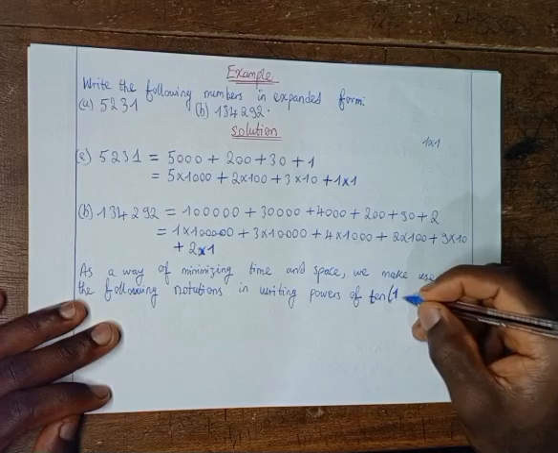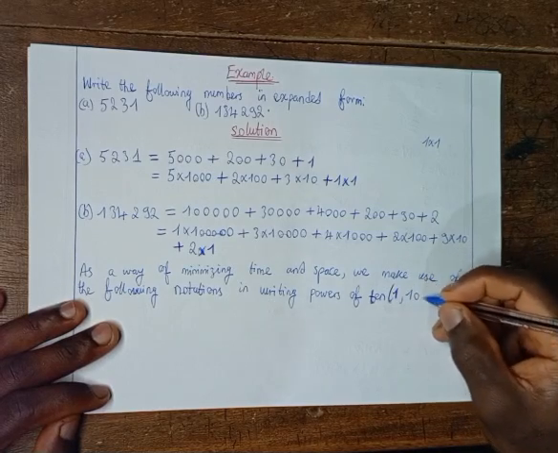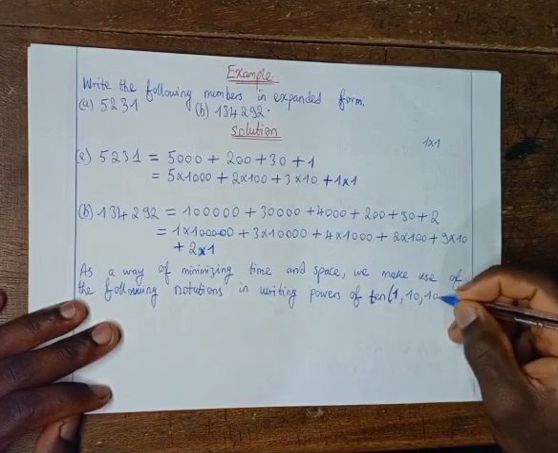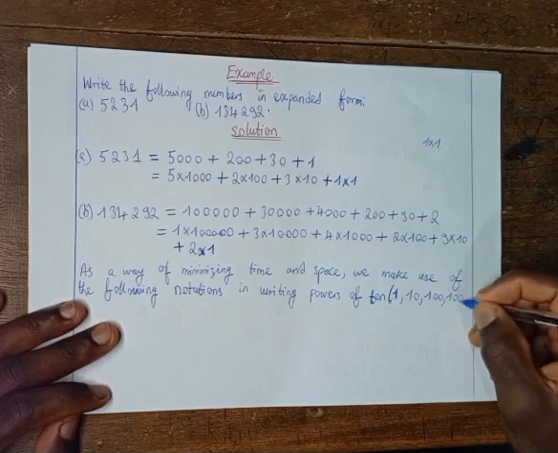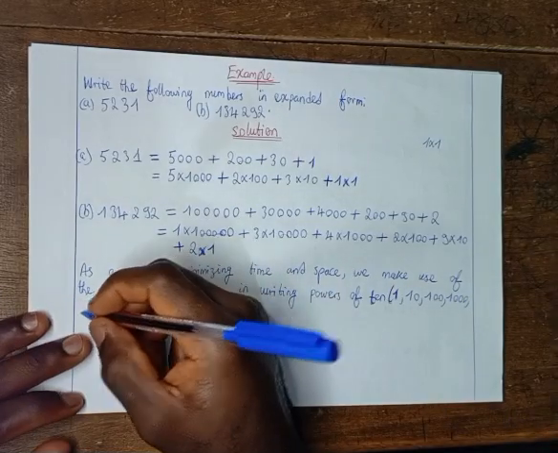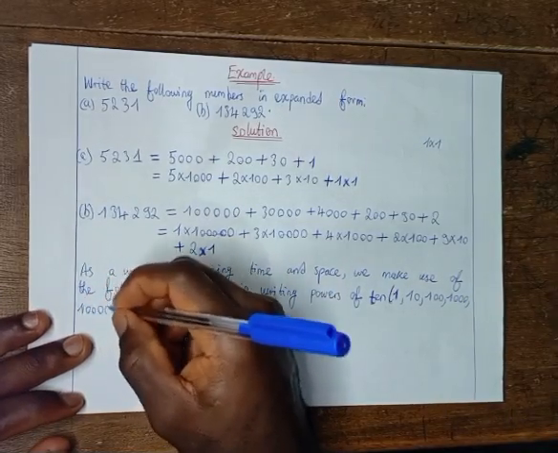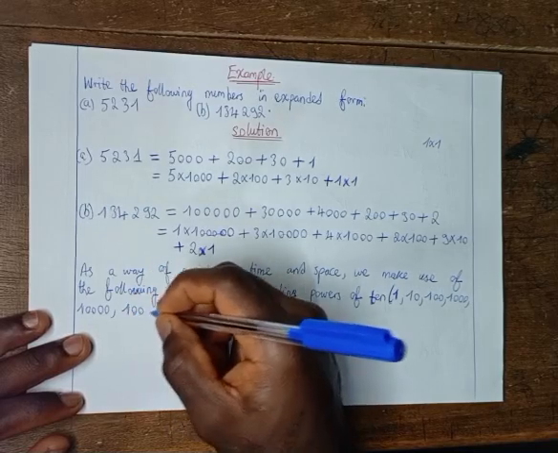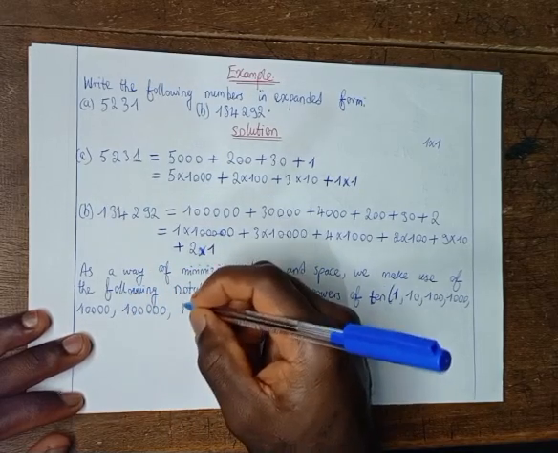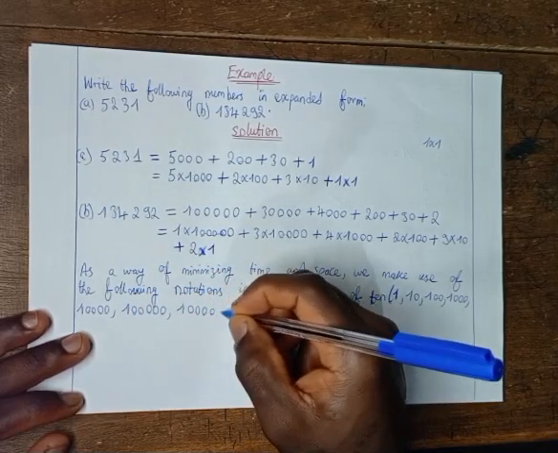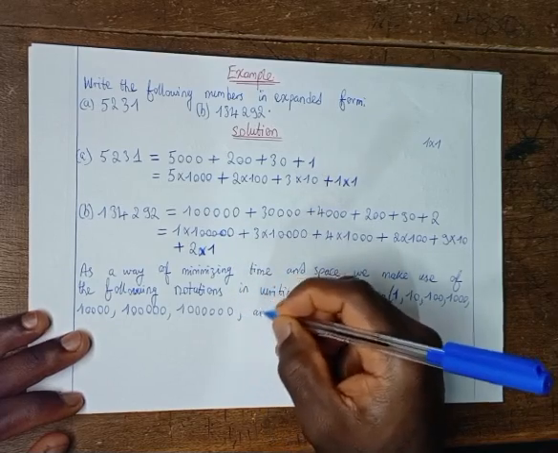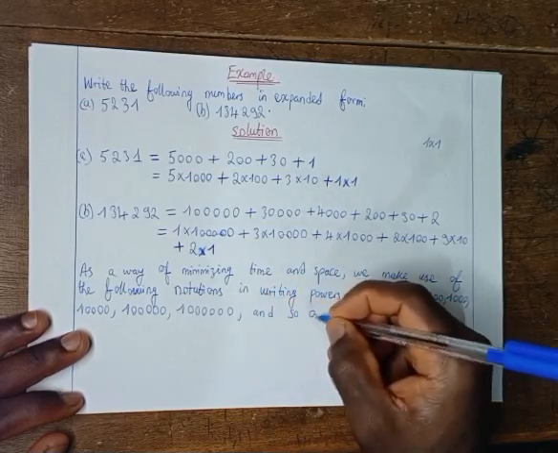I have the number 1, 10, 100, 1000, 10,000, 100,000, 1,000,000, and so on.